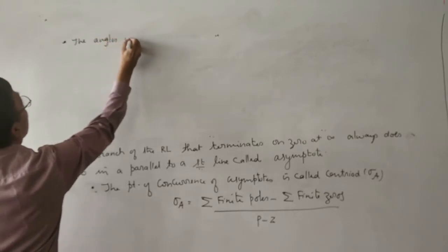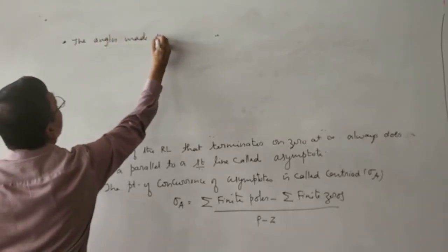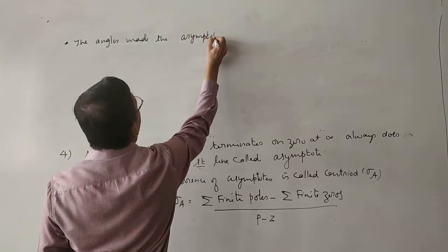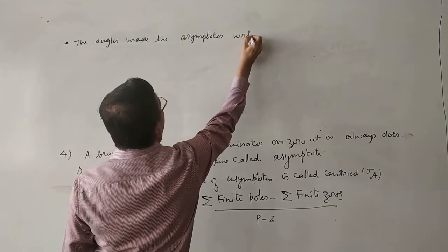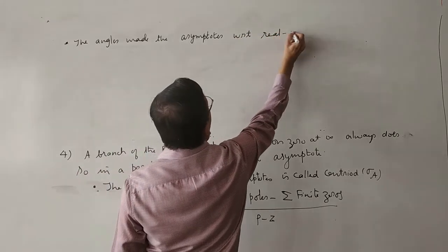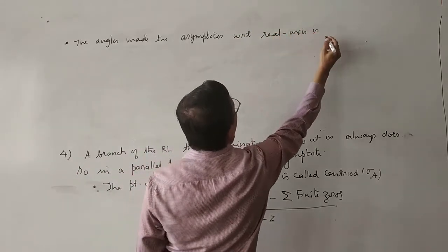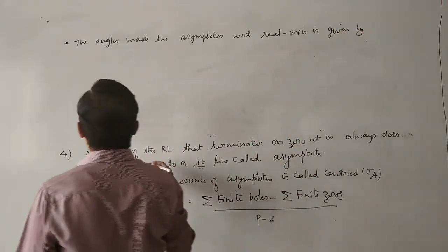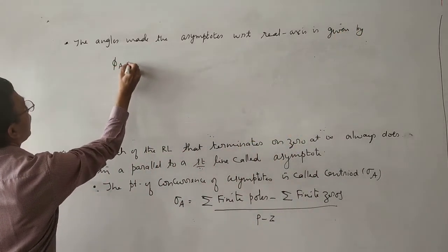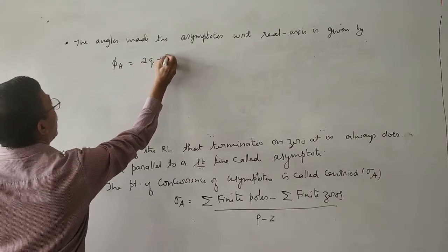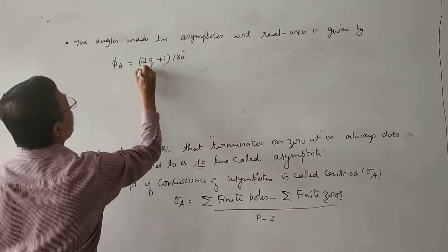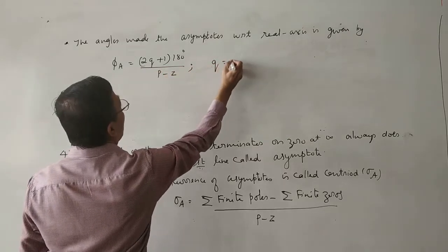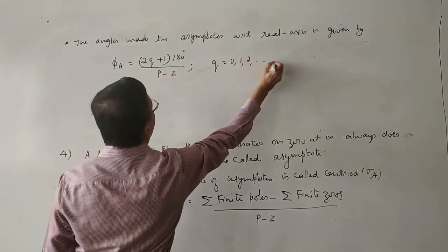The angles made by the asymptotes with respect to the real axis is given by the formula phi A equals (2q plus 1) times 180 degrees divided by P minus Z. q takes the values 0, 1, 2, and so on.